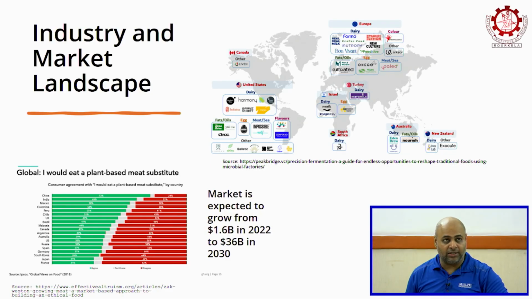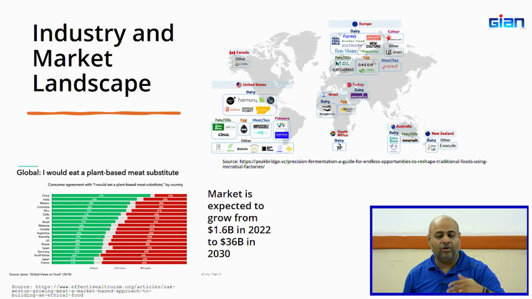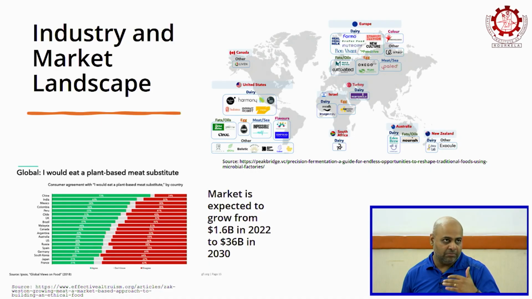So it's a growing market, and precision fermentation is being used for alternative meat, alternative protein generation, or protein production. If you're interested in startups in this industry, this is the time. The time is ripe for you to get into that.